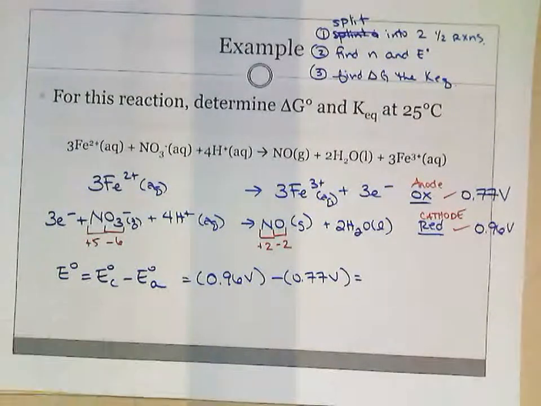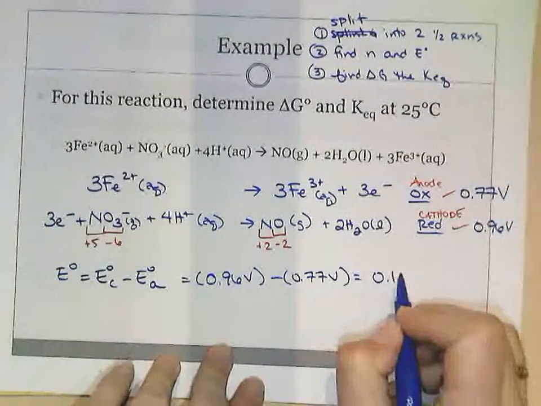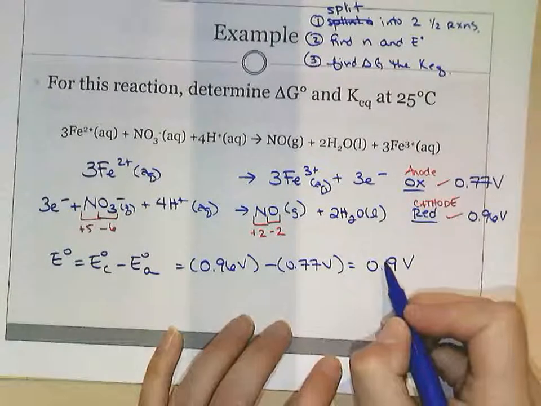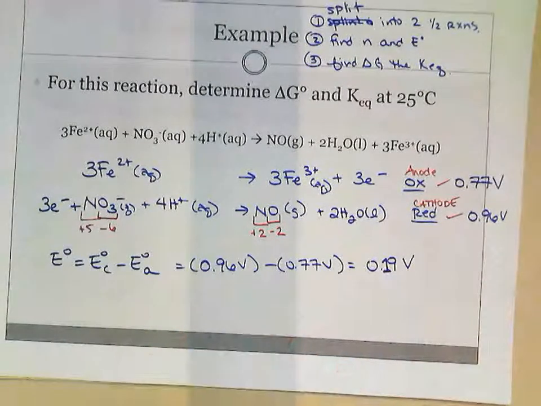Let's see, what does that turn out to be? That's a 1. They're kind of squished together. All right, so is this reaction spontaneous as written? Yes, because I have a positive E0. Good.